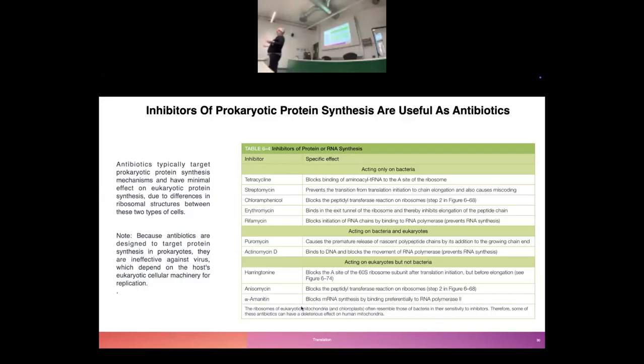Since the ribosomes from prokaryotes have different characteristics with respect to the ones from eukaryotes, those antibiotics will fight against the functioning of the prokaryote ribosomes and not the eukaryote ones.